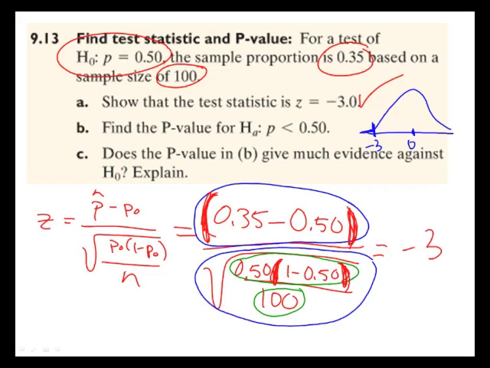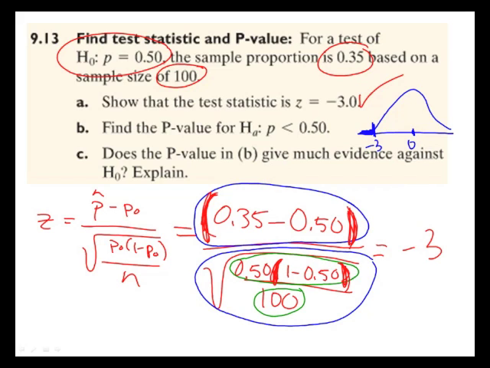What if it had said greater than? We would have shaded this whole big region. So you don't always have to shade the tail. We normally are shading the tail, but that doesn't have to be the case. You shade in the direction of your alternative symbol, not in the direction of the tail.